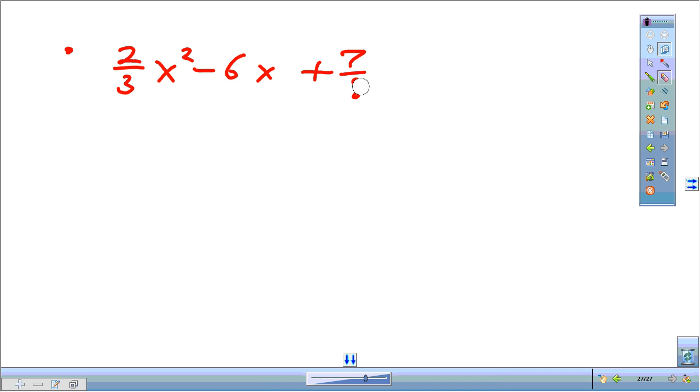Some other things that you can play around with if you don't like the form. Here I have a polynomial with fractions for the coefficients.